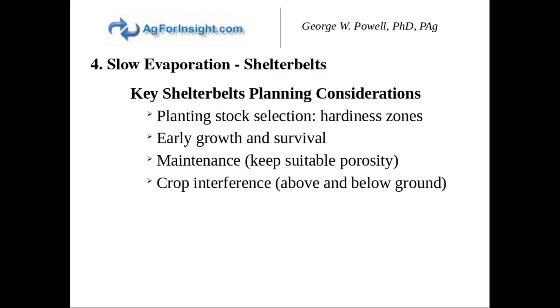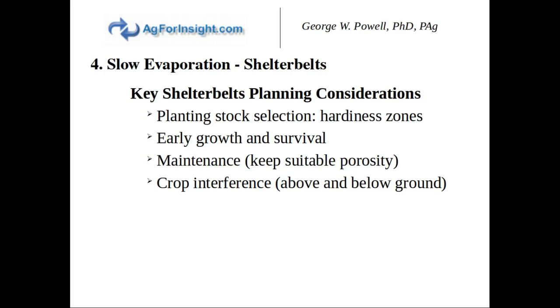Early growth and survival are key for trees and shrubs. That's when they're most vulnerable, and that means protecting them from damage from rodents, from wild ungulates, and from livestock. So it might mean the need for temporary fencing until the trees get up to a point where they're no longer going to be impacted by those growth and survival factors.